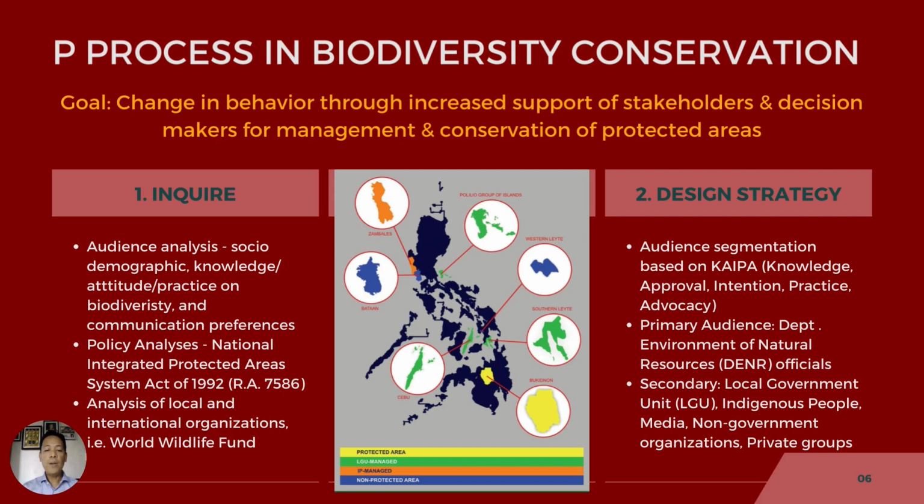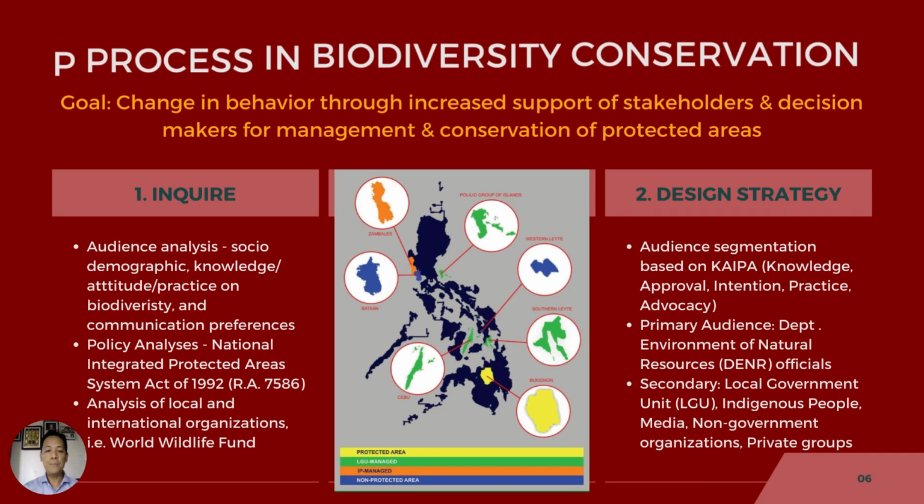So the stakeholders have been segmented based on the design strategy, such as the primary audience, which include the Department of Environment and Natural Resources officials. And among the secondary targets would include the local government units, indigenous people, media, non-government organization, and private groups.